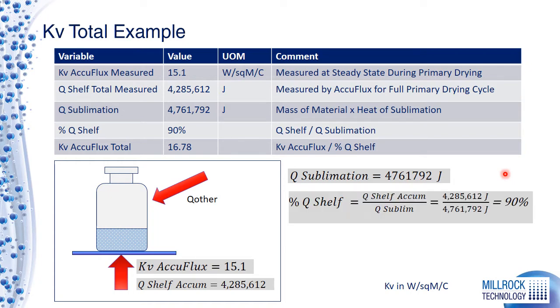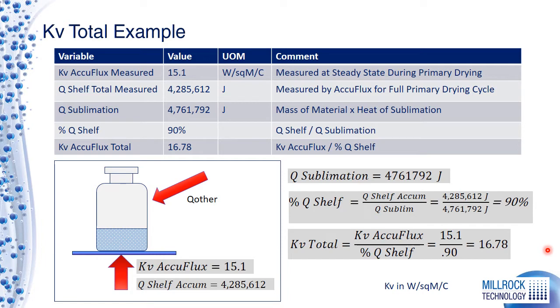So only 90% of the heat was accumulated or measured during the run. That means 10% came from someplace else. So to figure out what Kv total is, we simply divide Kv Accuflux from the shelf by the fraction of heat that came from the shelf, and we get our final number. In this case, 16.78 watts per square meter degree C.